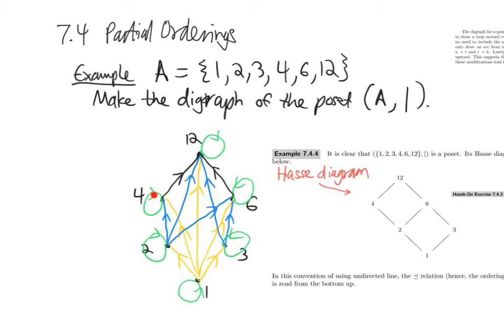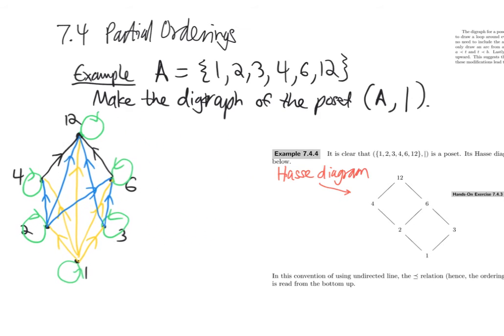We have a way to get from 2 to 12. We know it's through 4, and that actually cleans up the graph a lot. And again, as I mentioned, there's no loops at any of these points, and there's no arrows because we have the convention that we're starting from the bottom and working our way up.